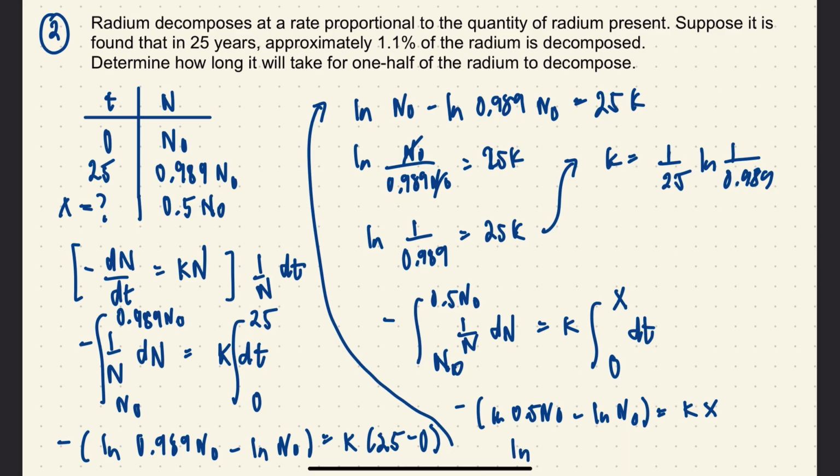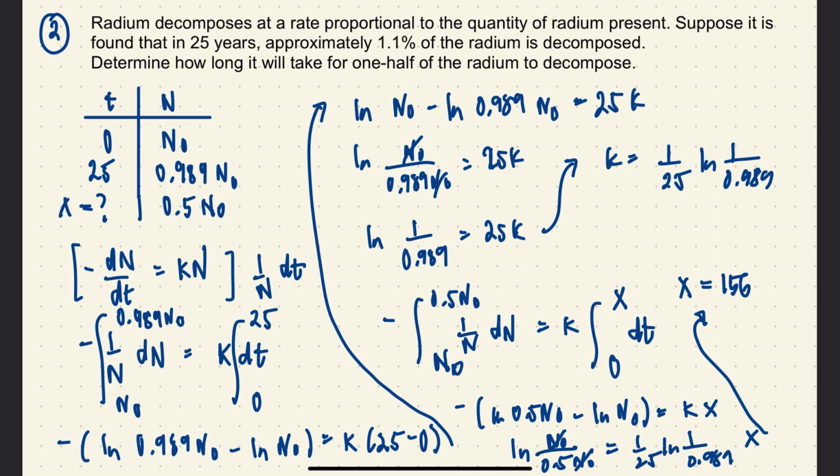It becomes ln of N0 all over 0.5 N0, cancel N0, you know your k, and then you solve for x. Your value of x will be, so you will have the answer, 1,566.65 years.